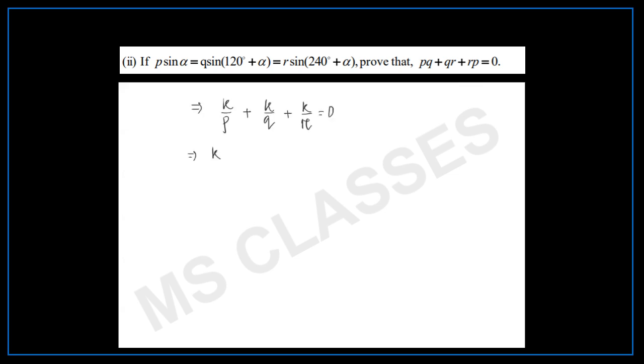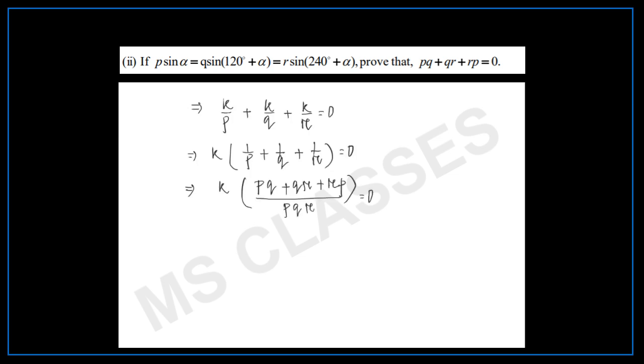K is not 0, so we can take k common: 1 by p plus 1 by q plus 1 by r equal to 0. On further simplification, this gives us pq plus qr plus rp by pqr equal to 0. Therefore, pq plus qr plus rp equal to 0, as k is not equal to 0, which has already been considered.